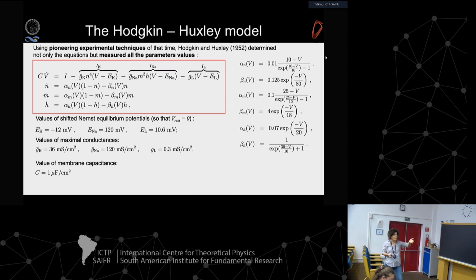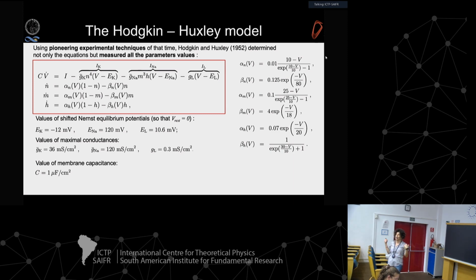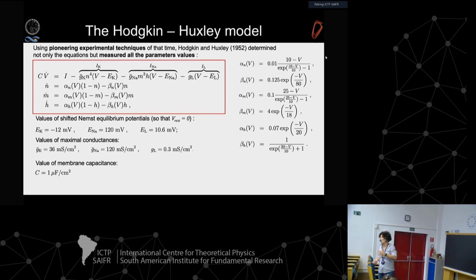But nowadays, the problem is, now you have to decide which model you are going to use to model a neuron. So the question is, are you going to use this model or another type of model?